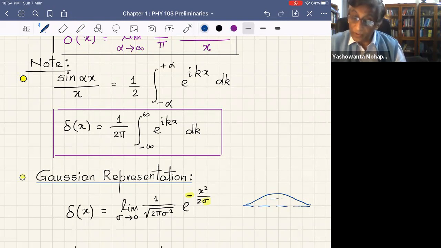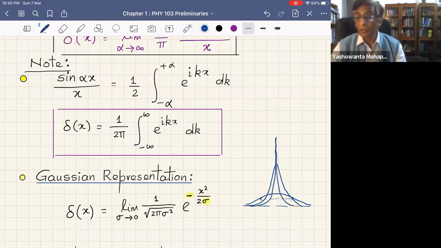If I make sigma go to 0, the area remaining the same, it becomes narrower, and narrower again.